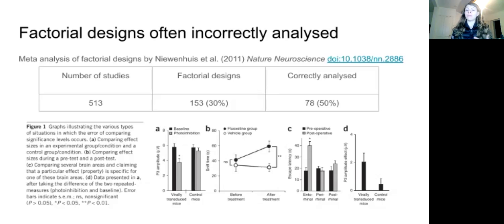But really, only half of these 30% were analyzing this design correctly. Now, there are many ways in which you can analyze such a design incorrectly, many more ways than we've actually covered here. So if you're interested in an expanded discussion on all the ways it could go wrong, I do suggest reading this paper, which is linked in this slide.